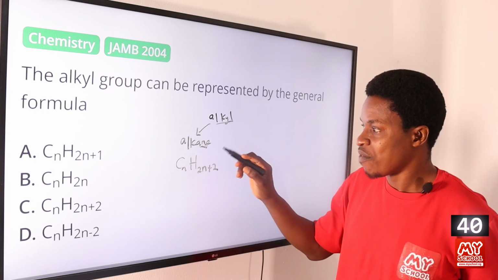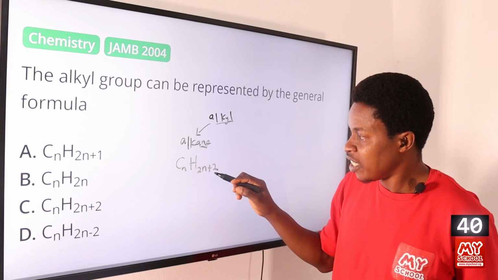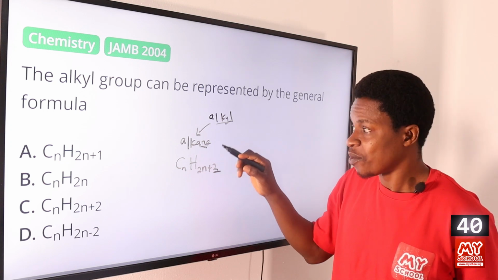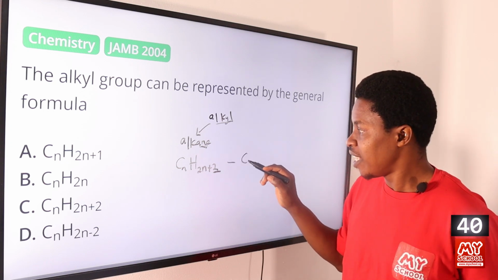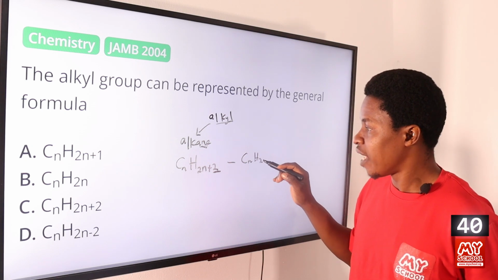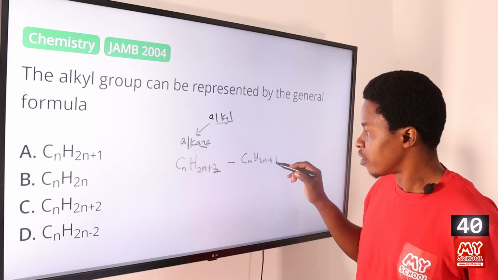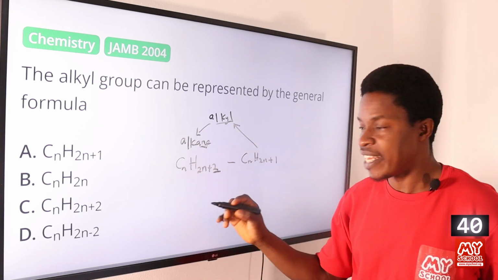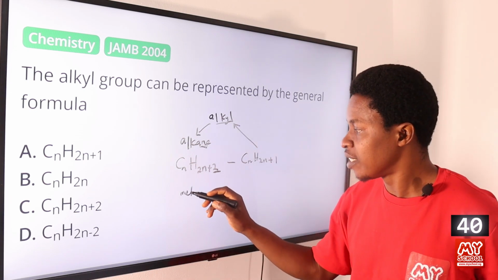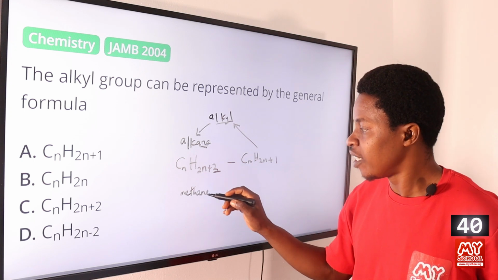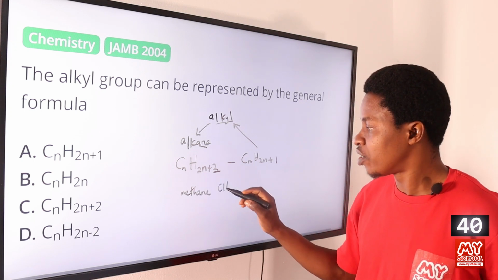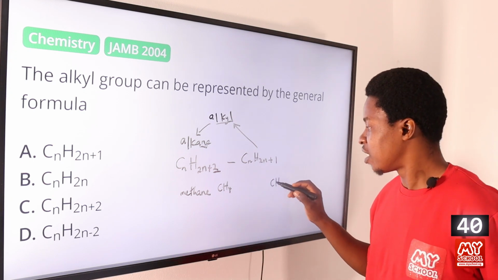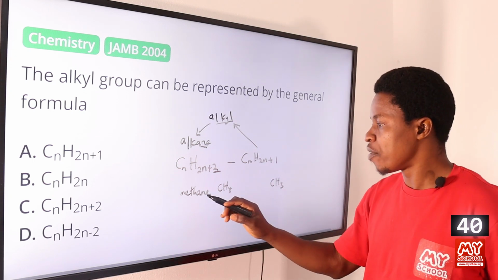If you are removing one hydrogen, then the 2n+2 here will reduce by one. That's why it becomes CnH2n+1. So this makes it alkyl. In other words, that's the name. If you see methane for alkane, which is CH4, by the time you remove one hydrogen, it becomes CH3. So it will no longer be called methane.